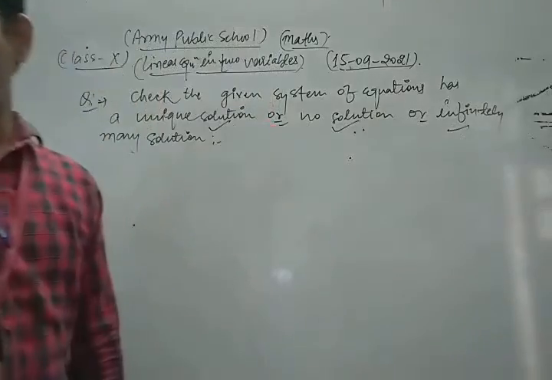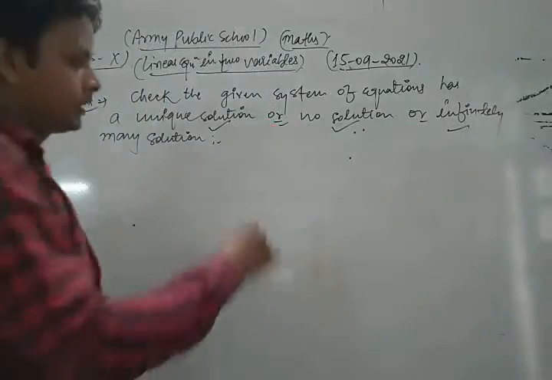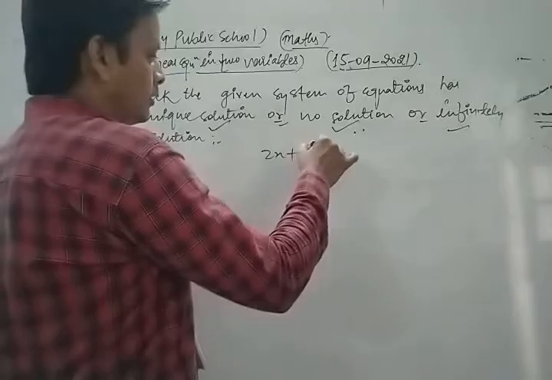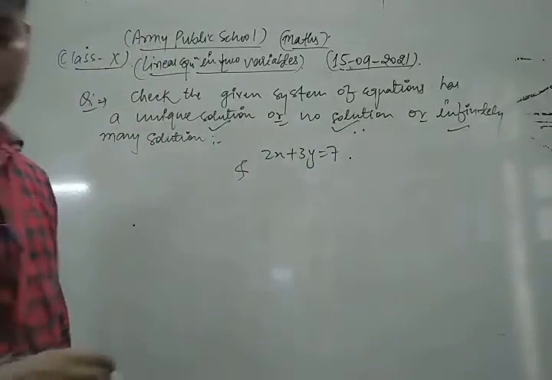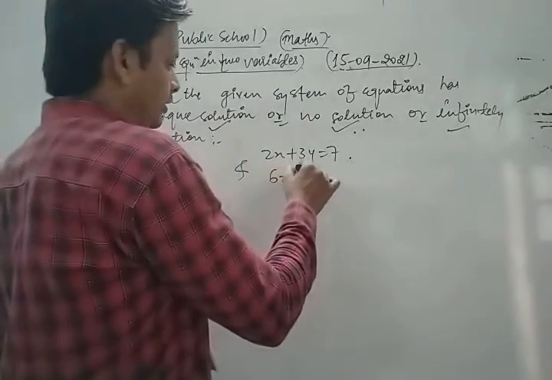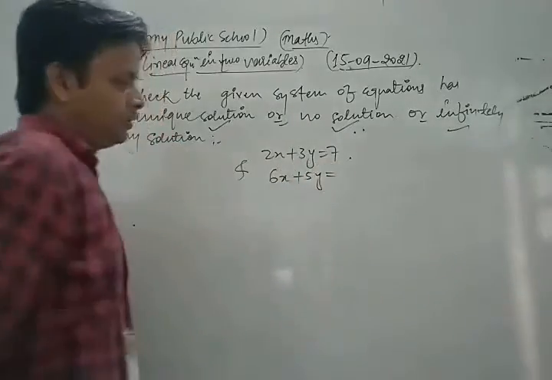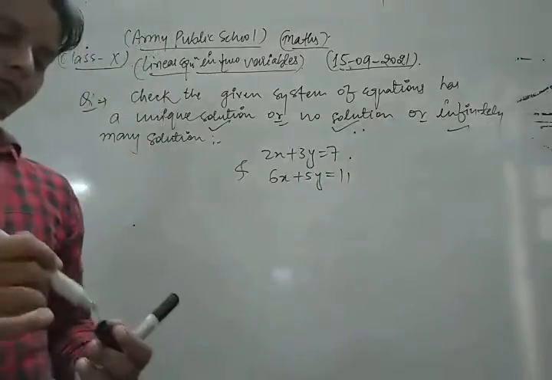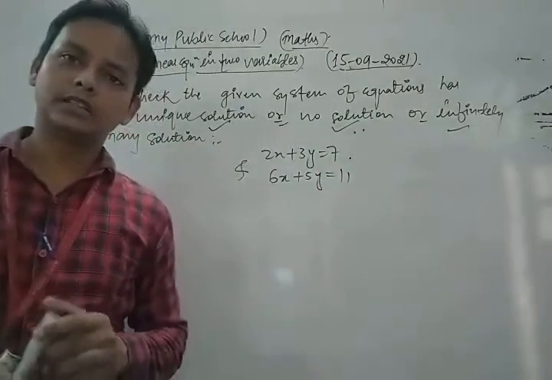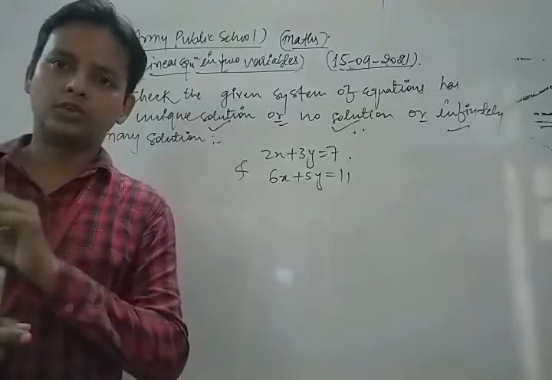Your pair of equations are 2x plus 3y is equal to 7 and 6x plus 5y is equal to 11. These are the system of pairs of linear equations in two variables.